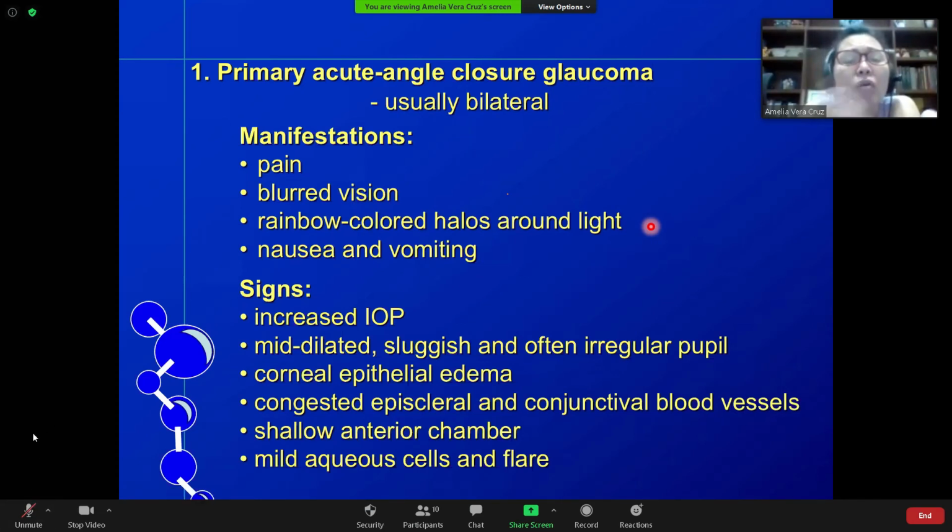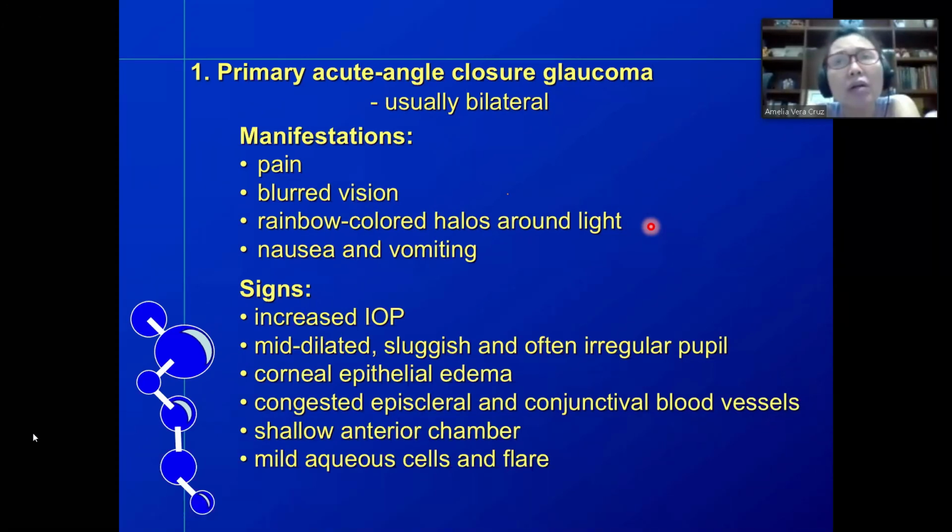O nga pala, your cornea will often be edematous if your IOP will reach 50 to 55 millimeters mercury. Mamamaga na ang cornea, puputi na. Mga less than that, mga 30, hindi pa yan. Mostly pag more than 50 millimeters mercury, mamamaga na yan.